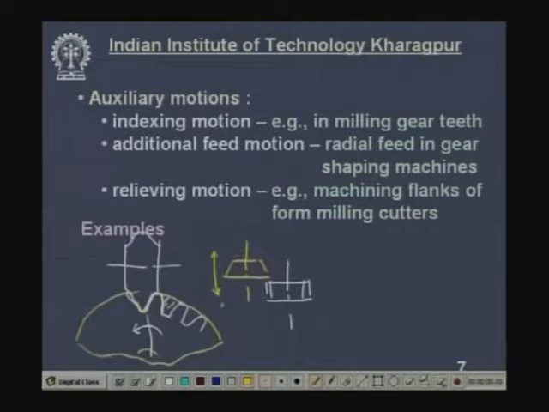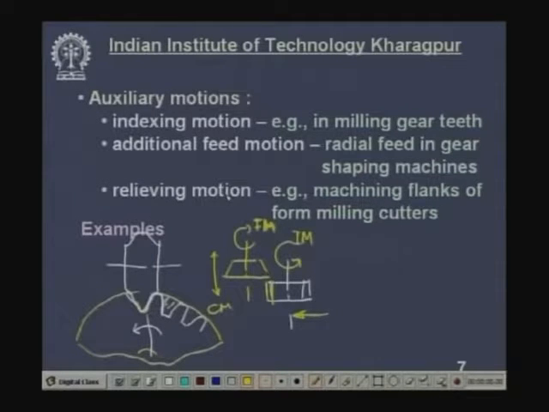Then this will rotate, feed motion, then this will rotate in the opposite direction, this is called indexing motion. In addition to these four motions, the workpiece, the blank, has to be continuously fed or moved towards the cutter, so that the full depth of the gear teeth can be cut. So, this is called additional feed motion.